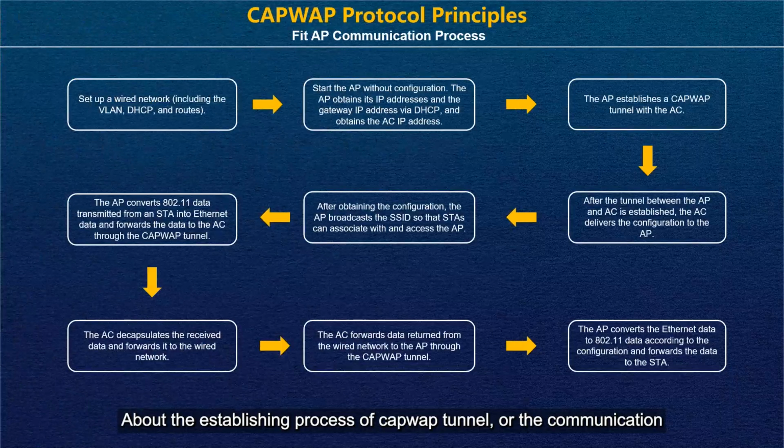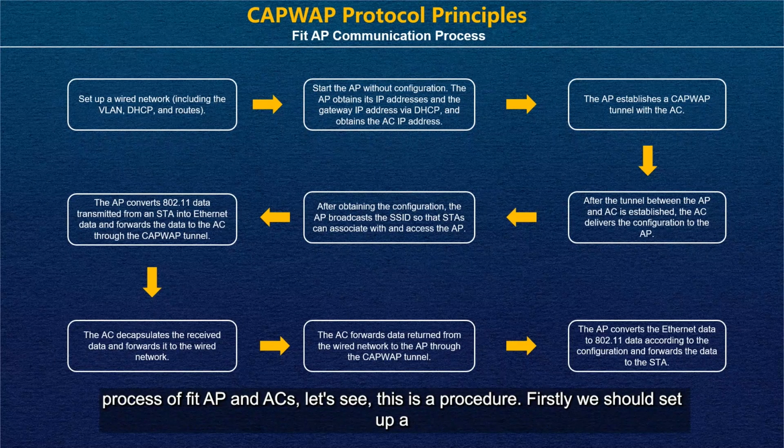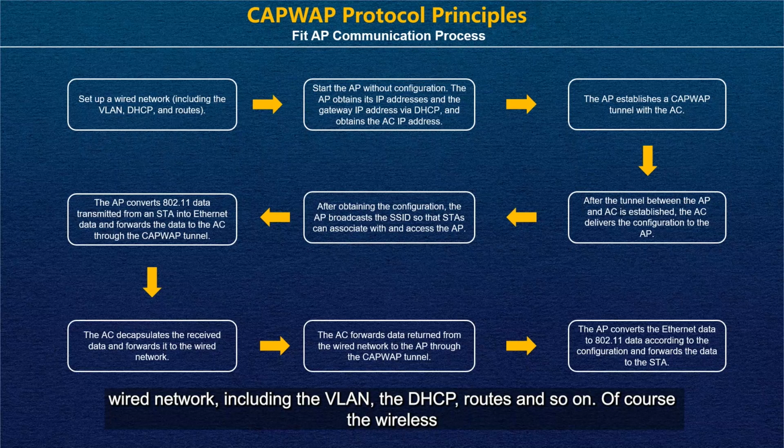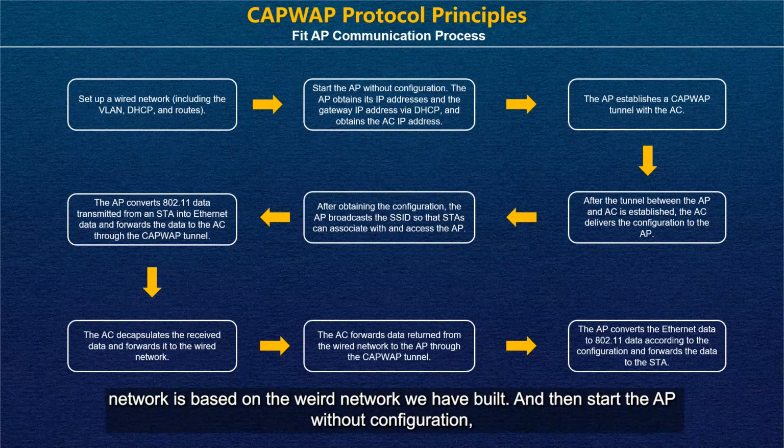Okay, about the establishing process of the CAPWAP tunnel, or the communication process of Fit AP and AC, let's see. This is the procedure. Firstly, we should set up a wired network, including VLAN, DHCP, routes, and so on. Of course, the wireless network is based on the wired network we have built, right?